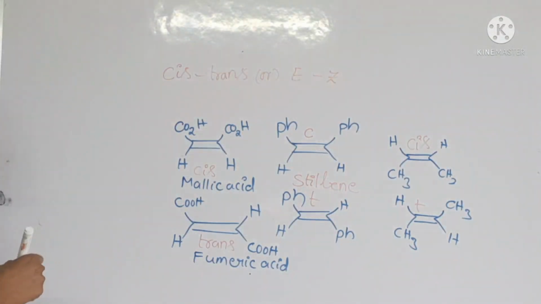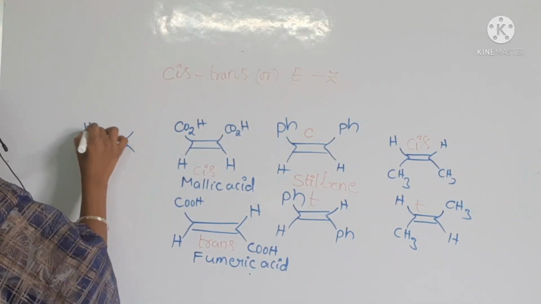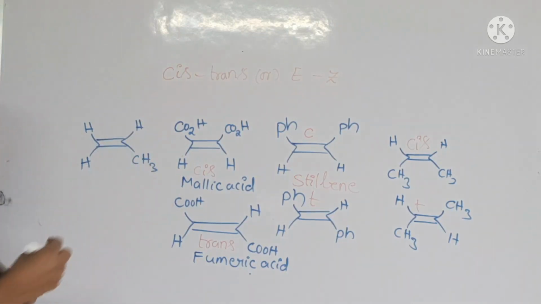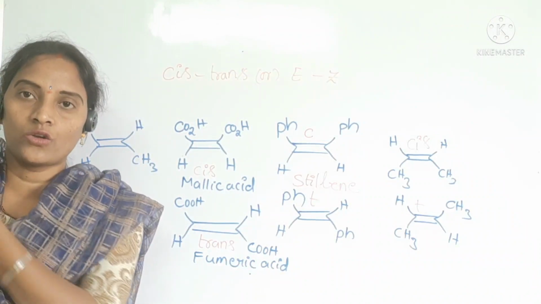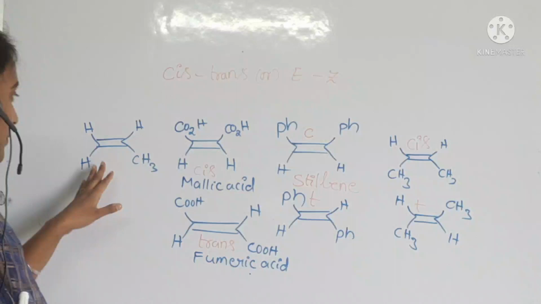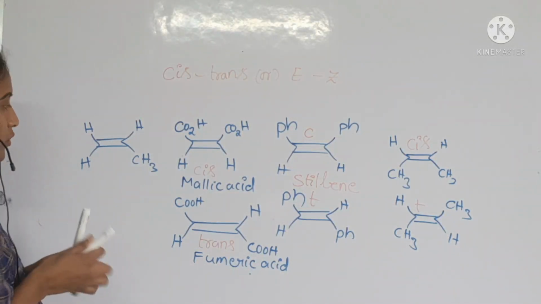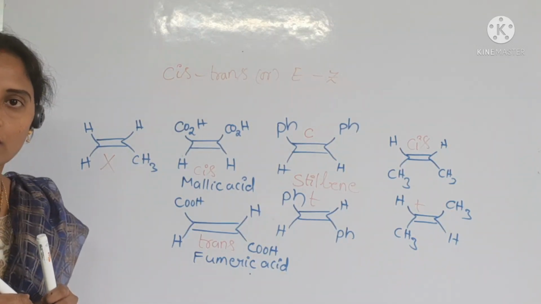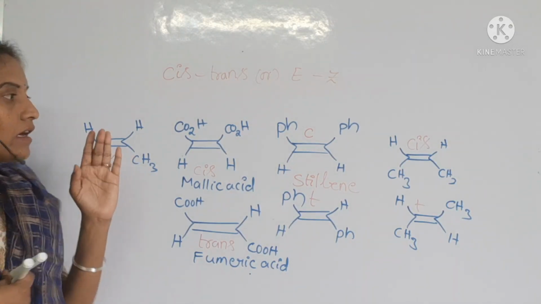Now you can take one more example here. If only one end has similar groups, is it possible to identify that one isomer has cis configuration and another isomer has trans configuration? This type of molecule, you can't identify cis trans isomerism. Why? Because what is the rule here?